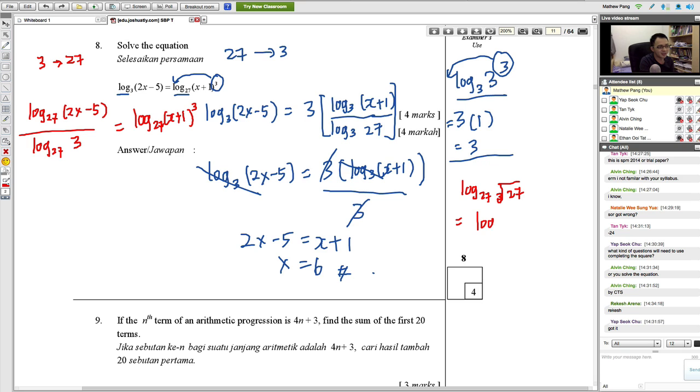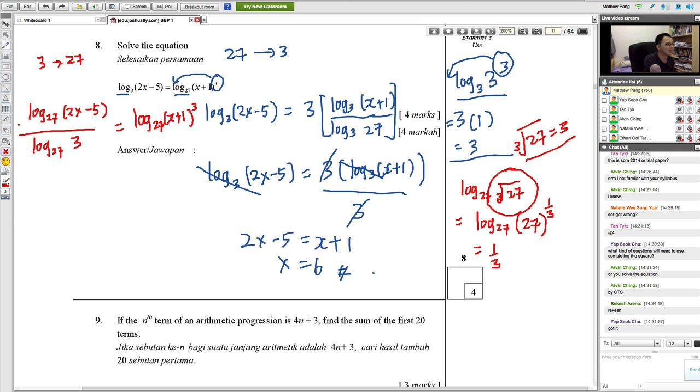Indices tell us that the cube root is 27 to the power of 1 over 3, so I can move the 1 over 3 in front and solve it. But a lot of students cannot understand why the cube root of 27 equals 3. It means in the exam you might not get the idea of changing 3 into the cube root of 27. Then, if you cannot understand this, you will need to change the base again.